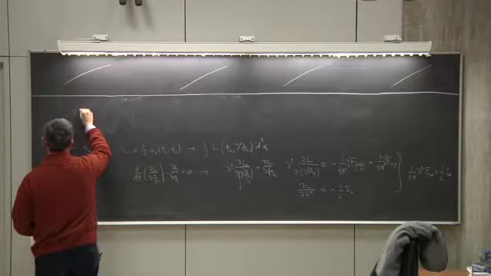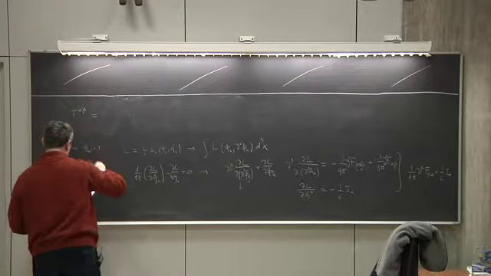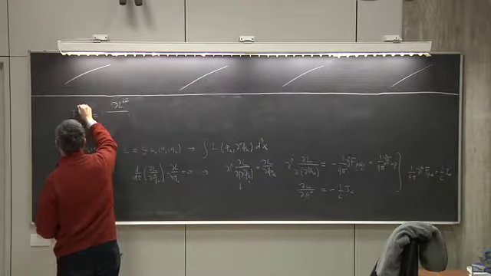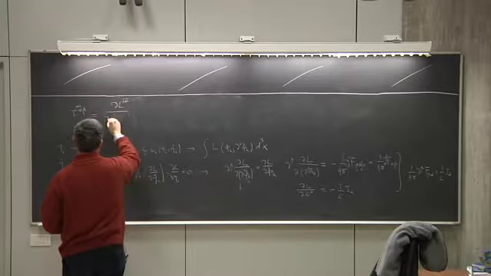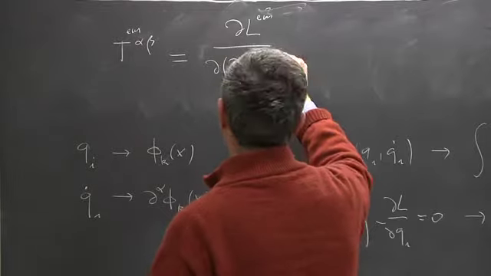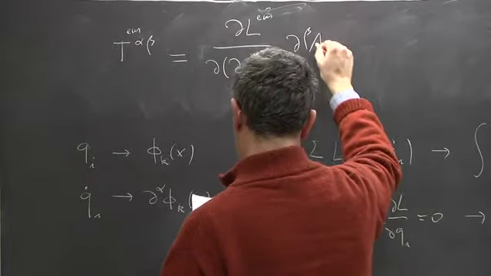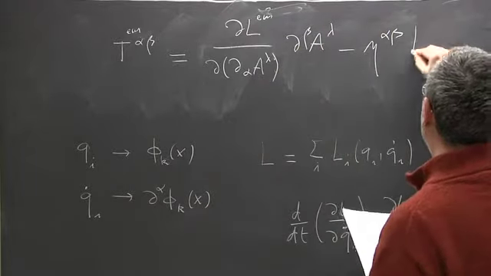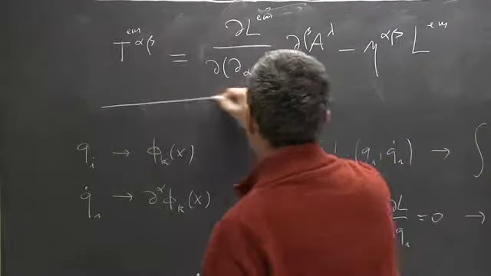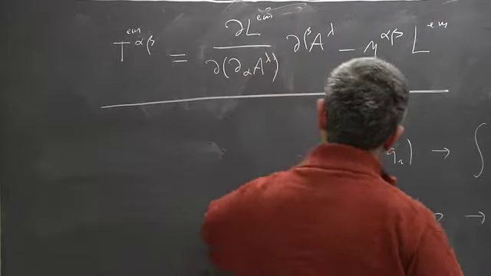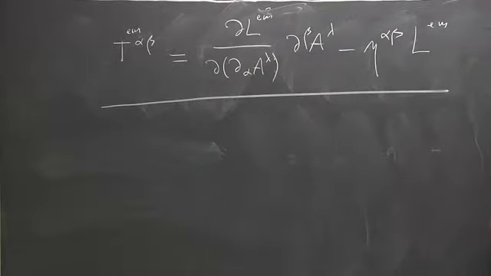You can define a tensor by taking the Lagrangian density for the electromagnetic field: d alpha A lambda, d beta A lambda, minus eta alpha beta, the Minkowski tensor, times L. So what is this quantity? This is the energy momentum tensor in space-time for the electromagnetic field.